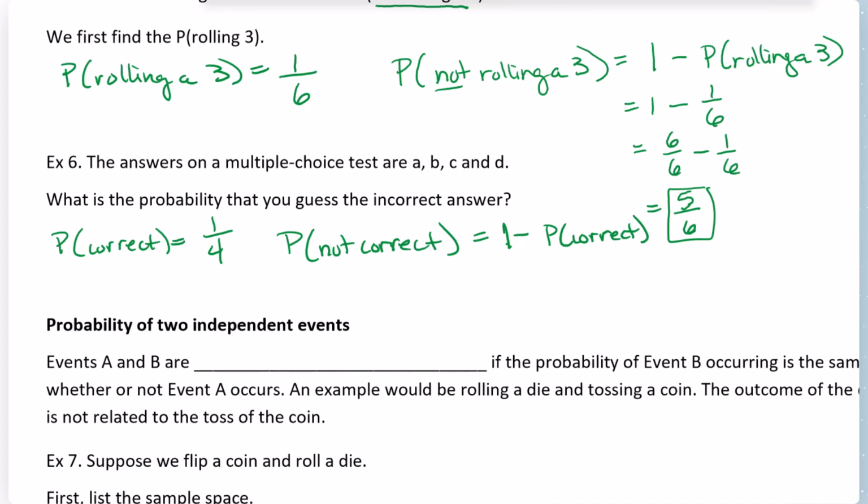There's no in between here. So that's 1 minus 1/4. If we turn the 1 into a fraction, 4 over 4 minus 1/4, the probability of not correct is 3/4, because 3 of the 4 letters are not correct.